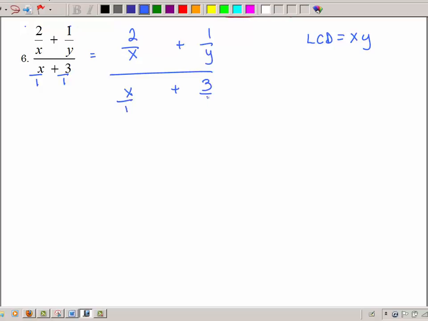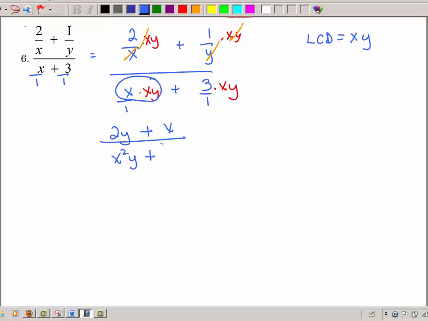Remember, those are over 1. So I multiply each of these by my LCD of xy. And then I want to reduce. So I have 2y plus x. Nothing cancels there, so that's x squared y plus nothing cancels there. That's 3xy.